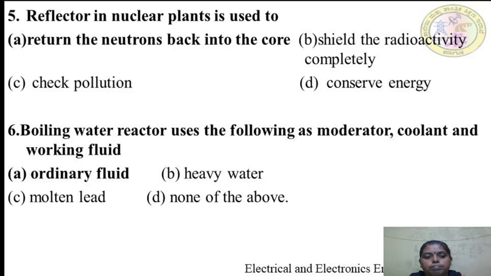Sixth, a boiling water reactor uses the following as moderator, coolant and working fluid. Choices are: A. ordinary water, B. heavy water, C. molten lead, D. none of the above.